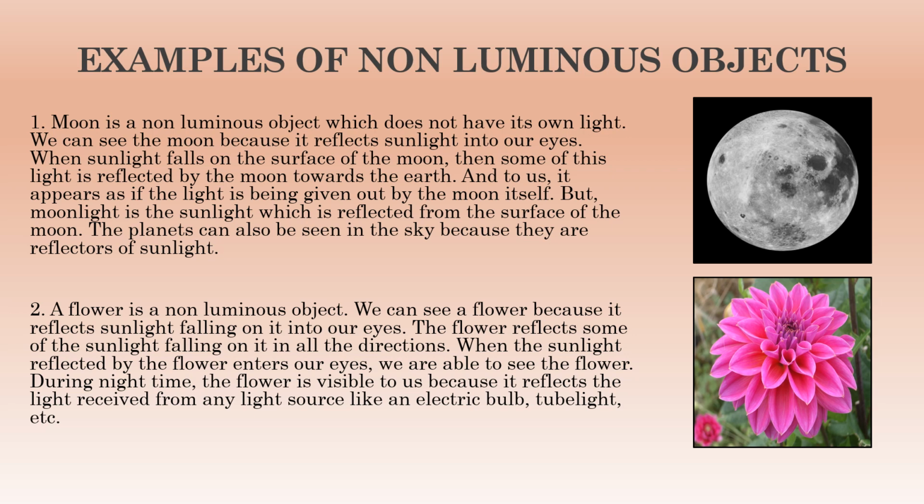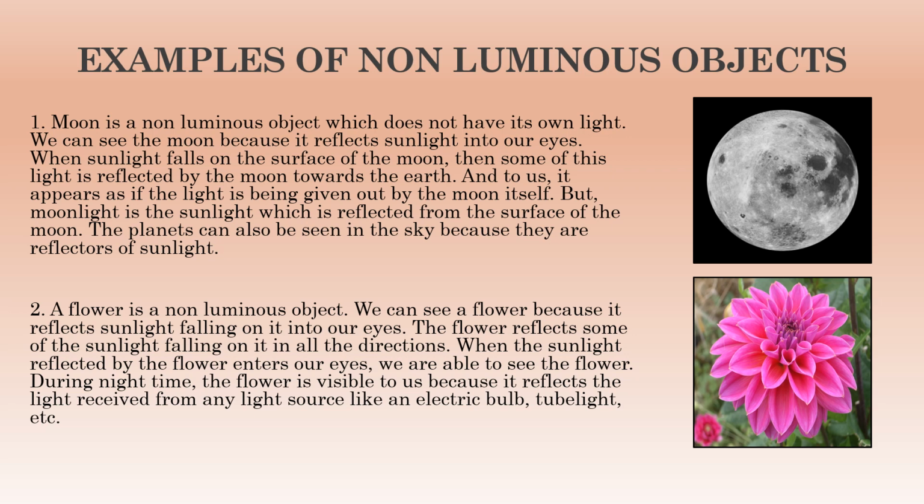When sunlight falls on the surface of the moon, then some of this light is reflected by the moon towards the earth. And to us, it appears as if the light is being given out by the moon itself. Isn't it? That's what we see. We see the moon glowing brightly. But moonlight is the sunlight which is reflected from the surface of the moon.